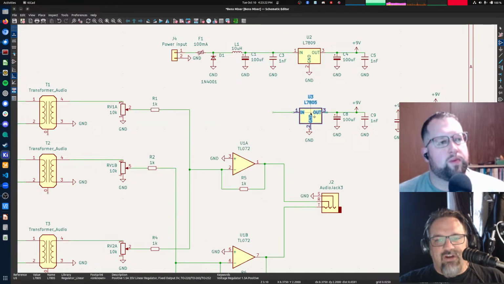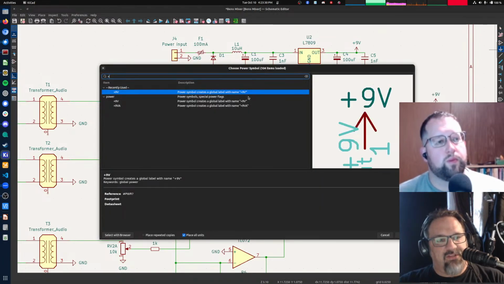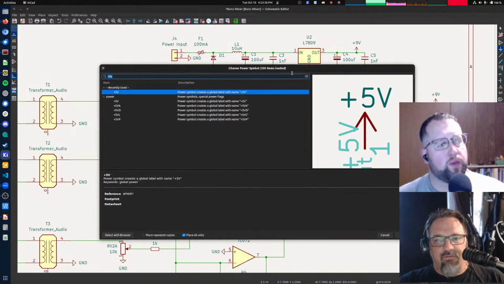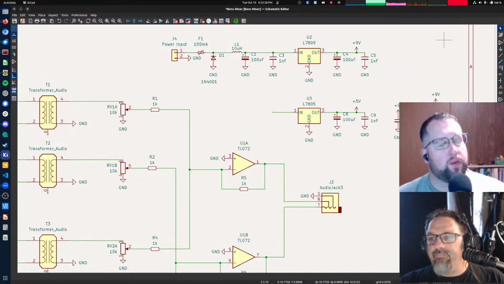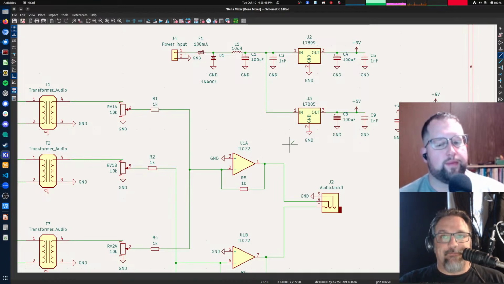So we could drop a 7805 here and then call this 5 volts plus 5. We could do that if we wanted to.